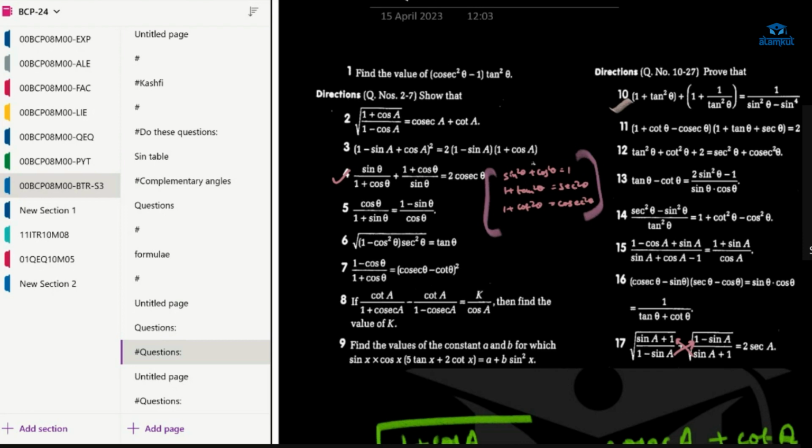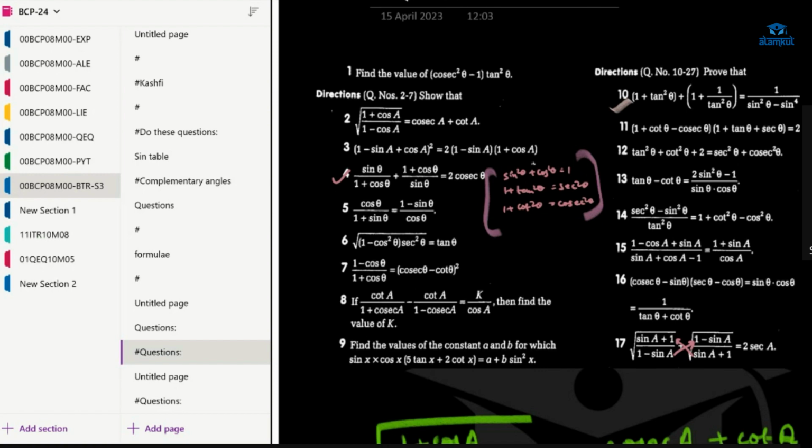So you have to make it interesting. Do as many questions as you can. There are many books, R.S. Agrawal and other books. You can do R.D. Sharma, you can do the questions from those books also. And if you are facing any problem, come to me.